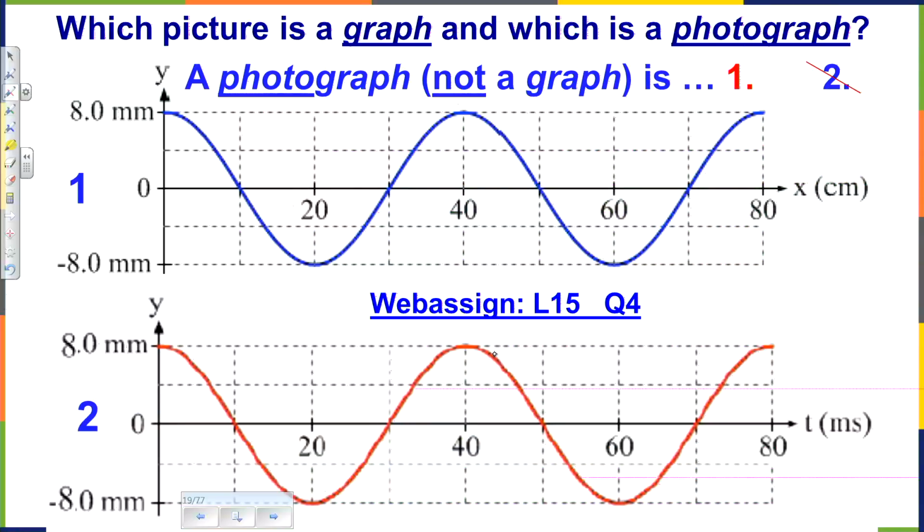From this to this oscillation, it passed exactly one period. So for this particular example, one period will be equal to 40 milliseconds, whatever it is. We just need to read it. Any questions?